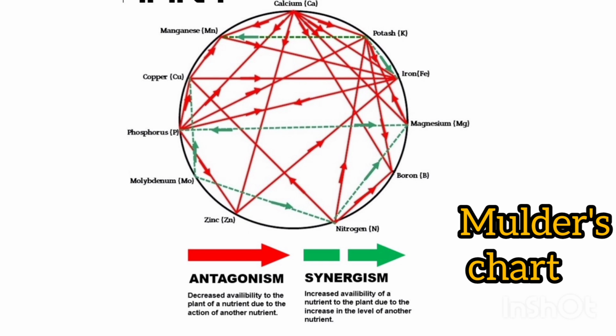For example, adequate potassium aids in the use of iron and manganese, but if it is too high, it will hinder utilization of magnesium, boron, nitrogen, phosphorus, and calcium.